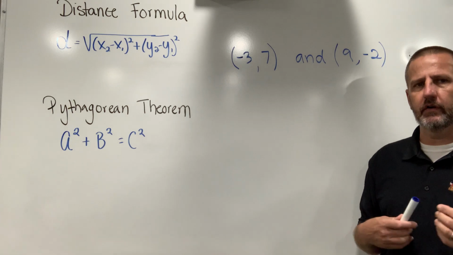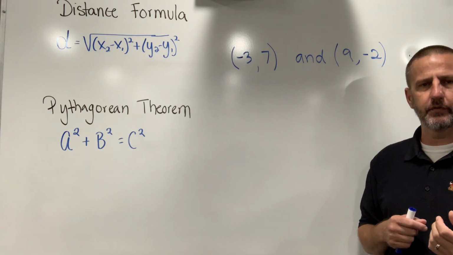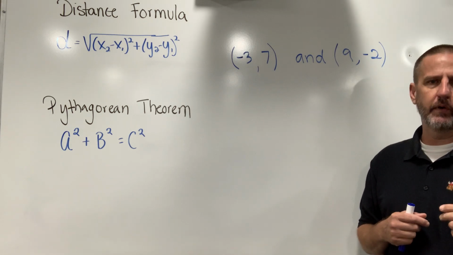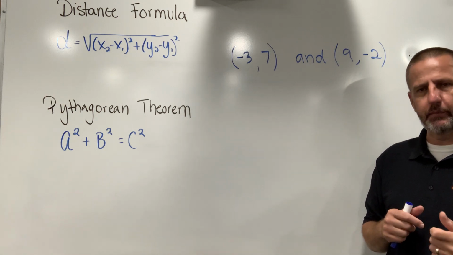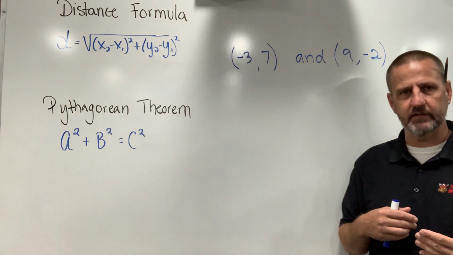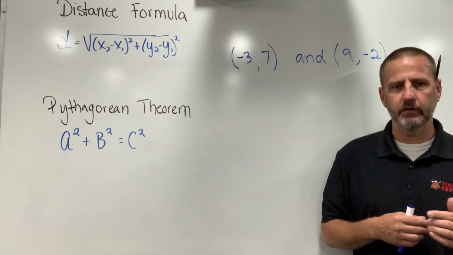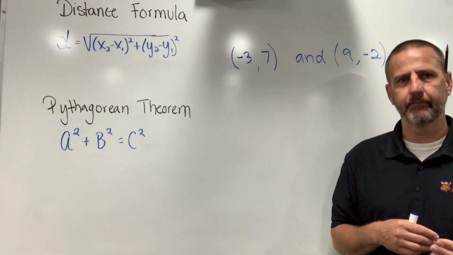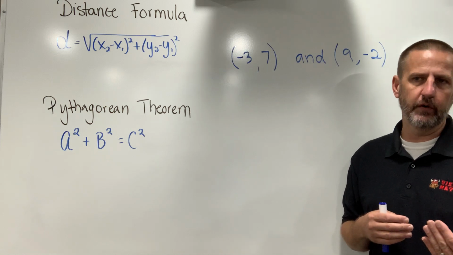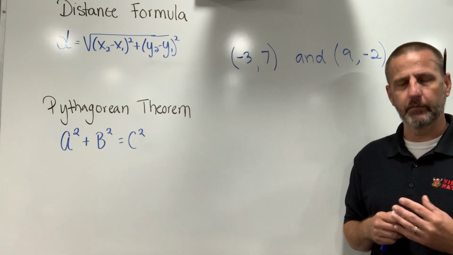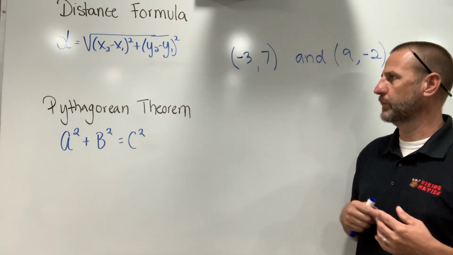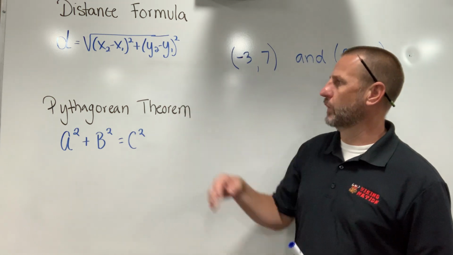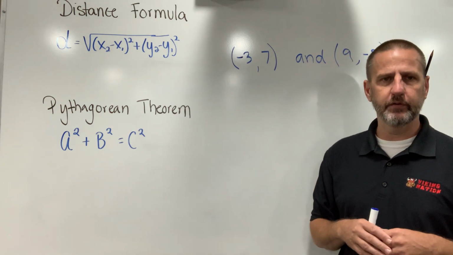And this is very similar to your car when you have GPS or on your phone and you say, all right, I'm at home and I want to go to the mall, and you type in the mall and it gives the exact distance. And then as you drive in your car, you notice that distance keeps changing as you get closer and closer to your destination. Well, that's because your mapping device is just recalculating the distance formula or the Pythagorean theorem, whichever one you want to go with.